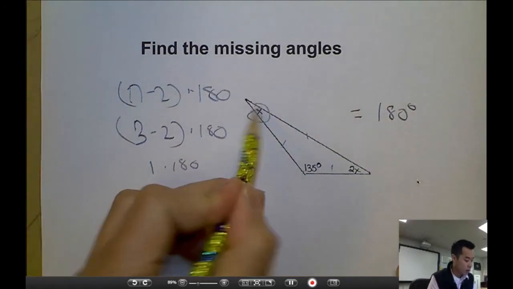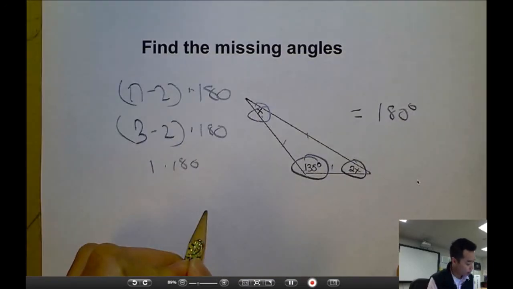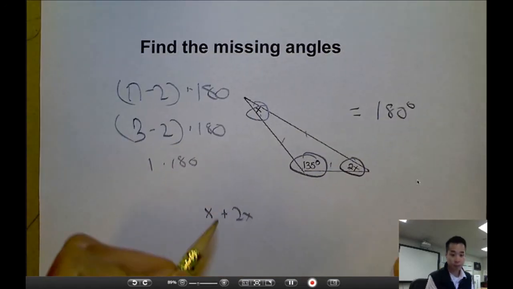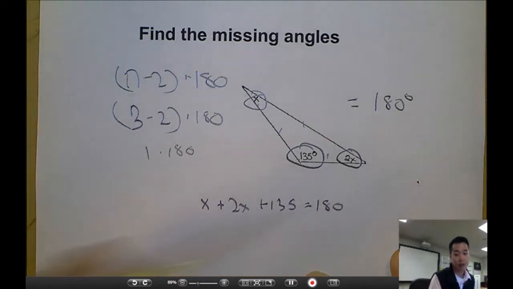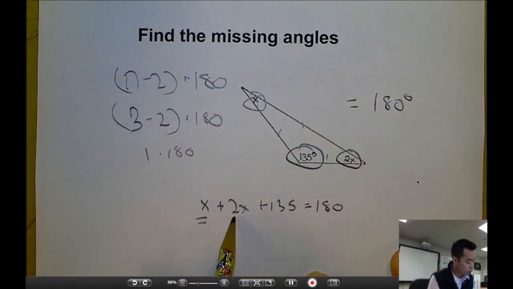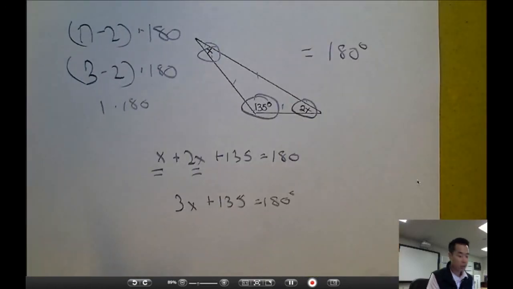So I know that x plus 2x plus 135 has to equal 180 degrees. Just like we did at the beginning of the year, x plus 2x is 3x, plus 135 equals 180 degrees. First thing I need to do to solve this is subtract 135 from both sides.